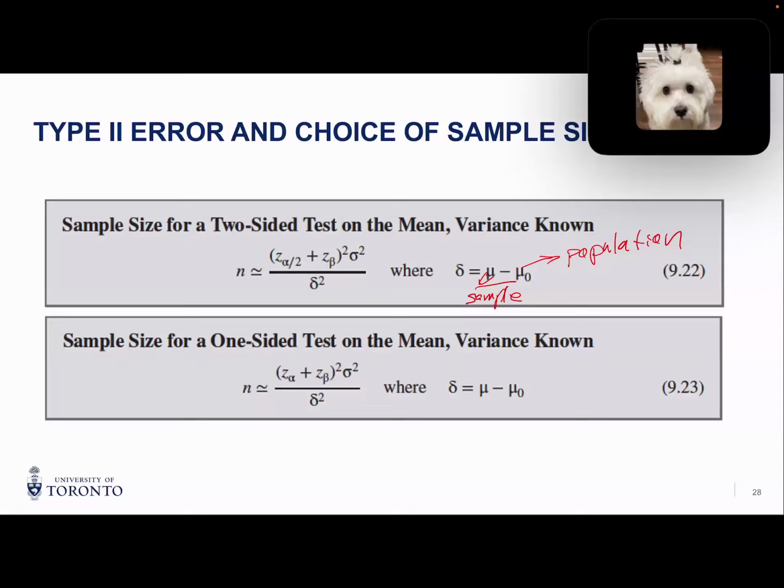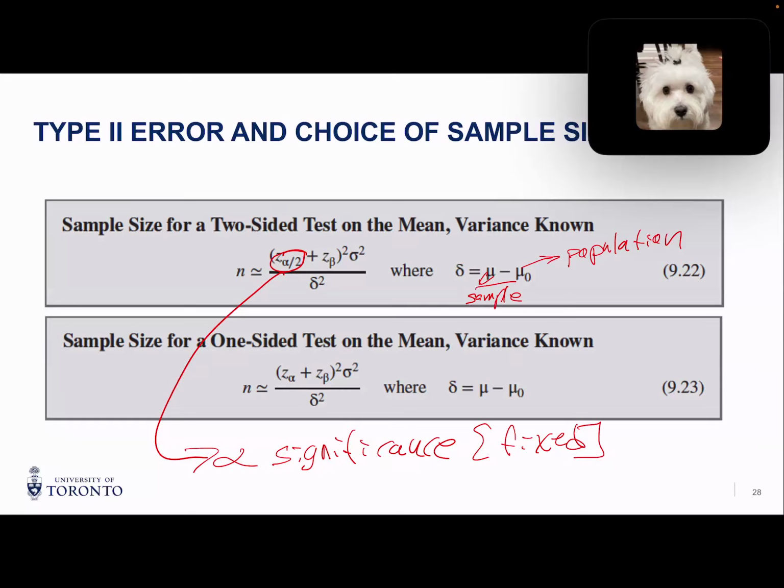We're good? Christian? I'm sorry, ever so slightly louder, please. Like the alpha and beta values, those are the ones that you found. Yeah. So Z alpha, remember that alpha is your significance. Typically speaking, at the beginning, you fix it. You say, I want 0.05.